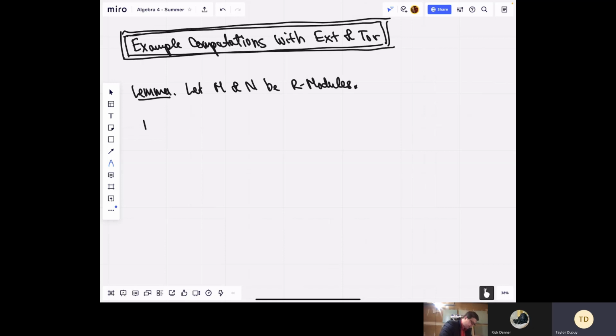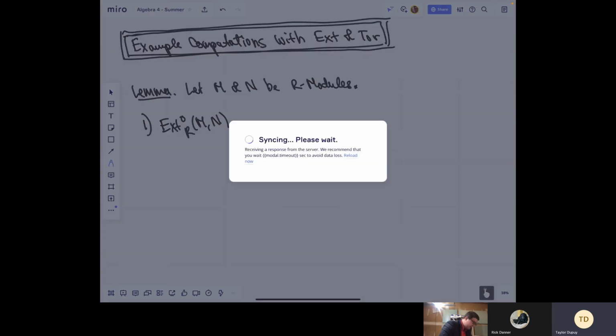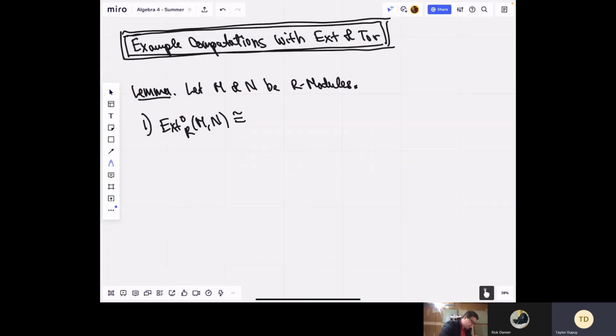The first thing that I want to say is that Ext^0_R(M,N) is isomorphic to Hom_R(M,N), and the second is that Tor_0^R(M,N) is isomorphic to M tensor over R with N.